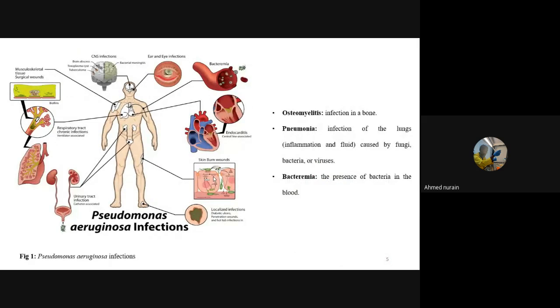So here are the infections caused by Pseudomonas aeruginosa, which include pneumonia, bacteremia, chronic respiratory tract infections, urinary tract infections, and others.